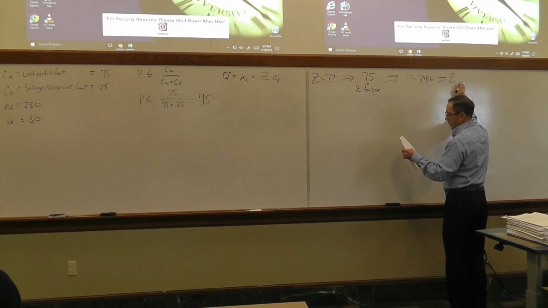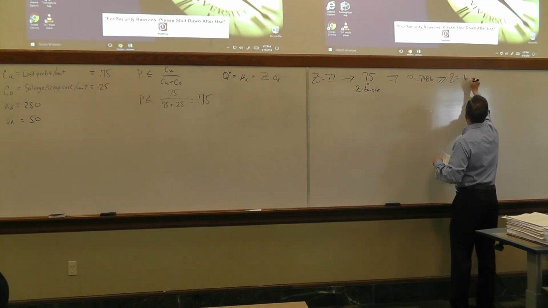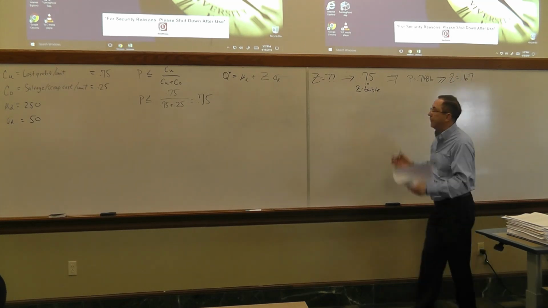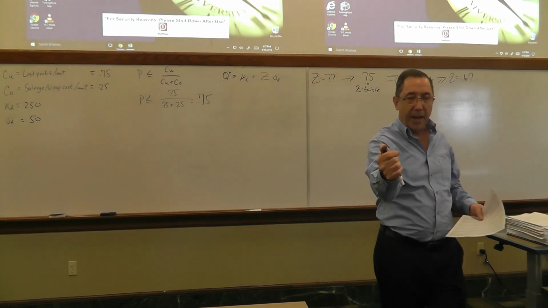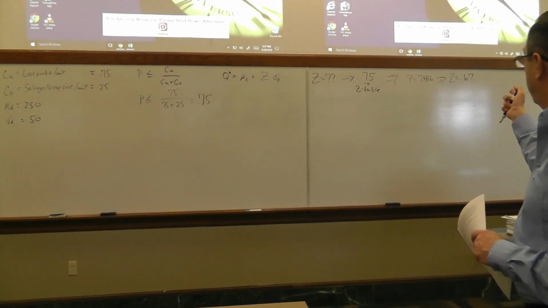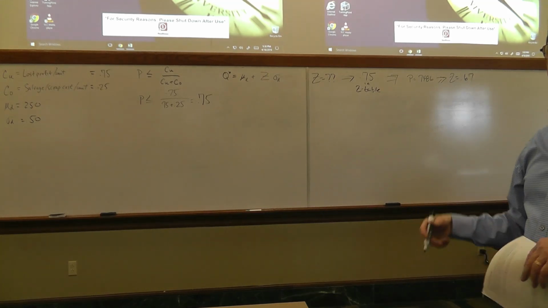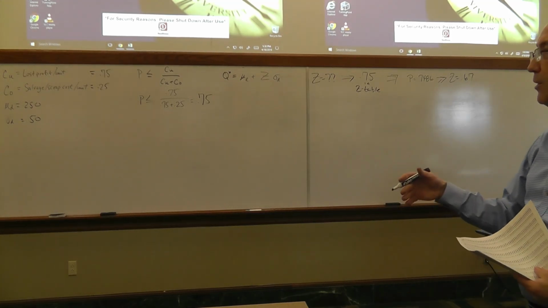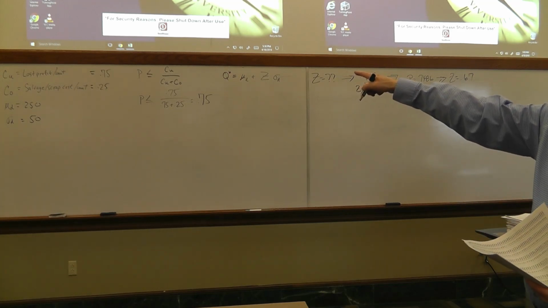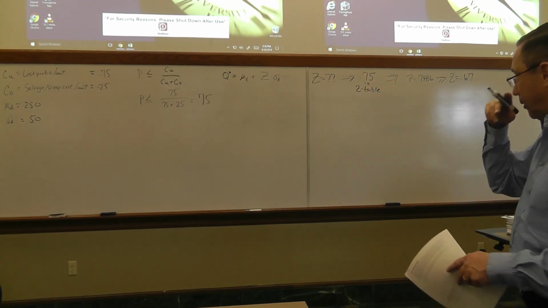Therefore, finally, my Z is 0.67. What it's saying is I'll order the average demand plus 0.67, two-thirds of a standard deviation of demand. I'm going to order more than I expect to sell on average, as I'm chasing that profit that's 3 times my potential loss.